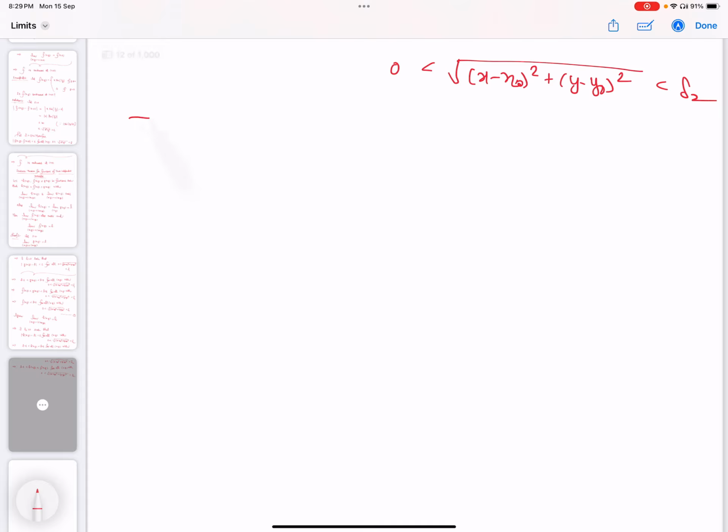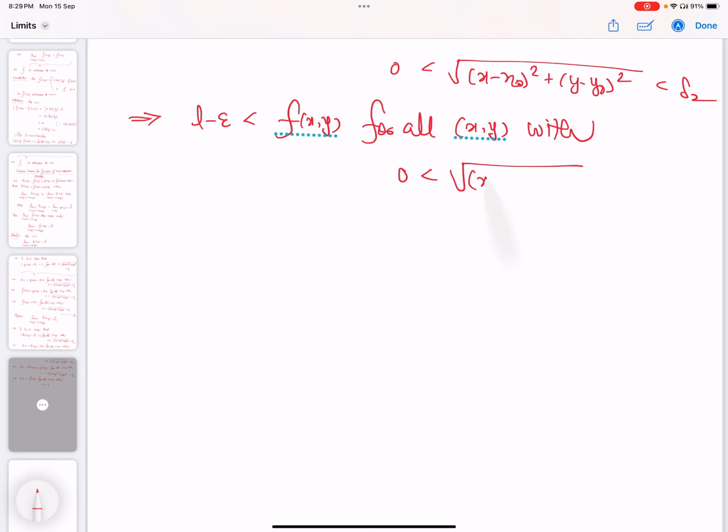So that means L minus epsilon is less than f(x,y) for all (x,y) with (x minus x naught) squared plus (y minus y naught) squared less than delta. That's it.